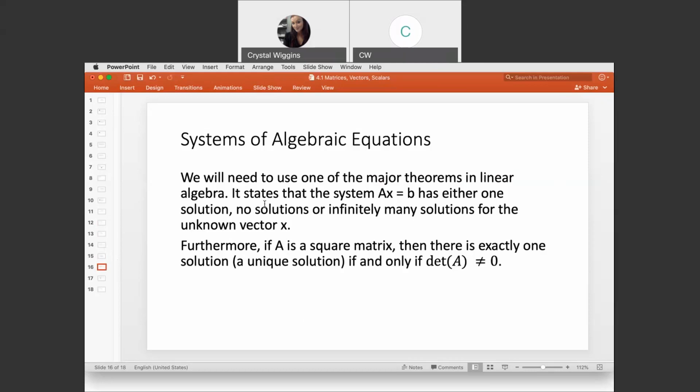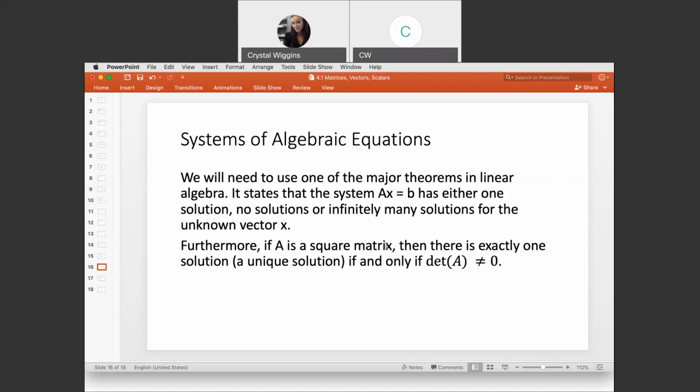We learned that linear equations either intersect all in one exact spot, giving you one solution, or they're all parallel and they never intersect, giving us no solutions, or they're all the same line and therefore intersect in infinitely many places. Everywhere that the line, all the points, infinitely many points on the line.